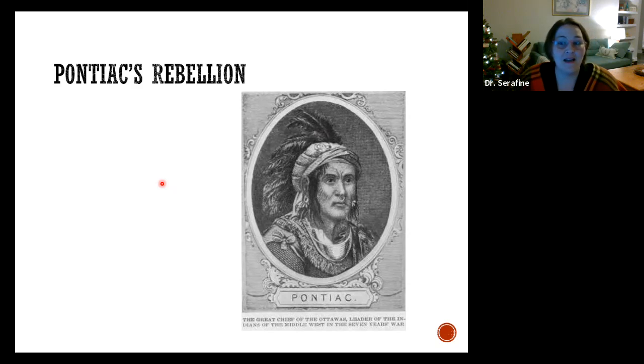It's named Pontiac's Rebellion after this Ottawa warrior Pontiac, but in fact, Neolin, a Delaware religious prophet, inspired much of the rebellion with visions that urged Native Americans to reject European technologies, European dress, and European trade relations. Neolin encouraged Native Americans to reject alcohol and to expel the British from their lands.